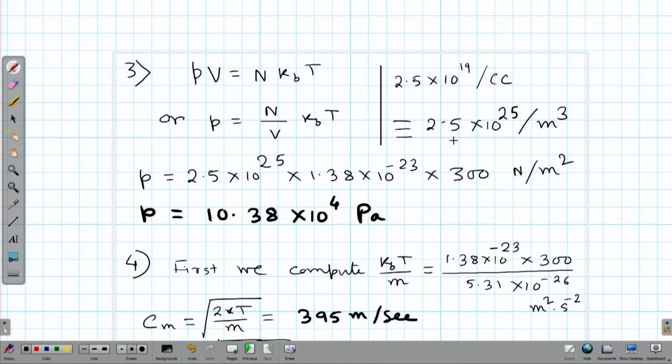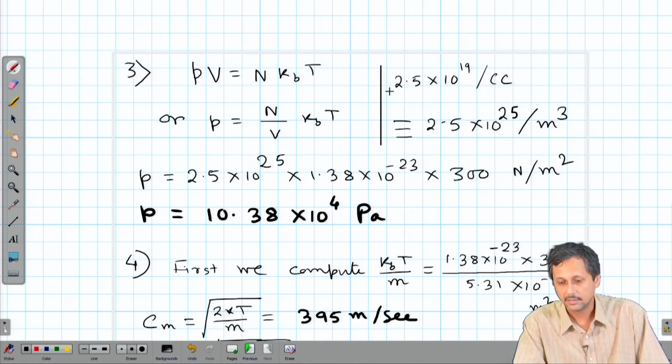So, it will be 2.5 into 10 to the power 25 per meter cube. The factor between cc to meter cube is 10 to the power 6. So, we have to just multiply this number with 10 to the power 6 in order to get the number of molecules per meter cubed, right.